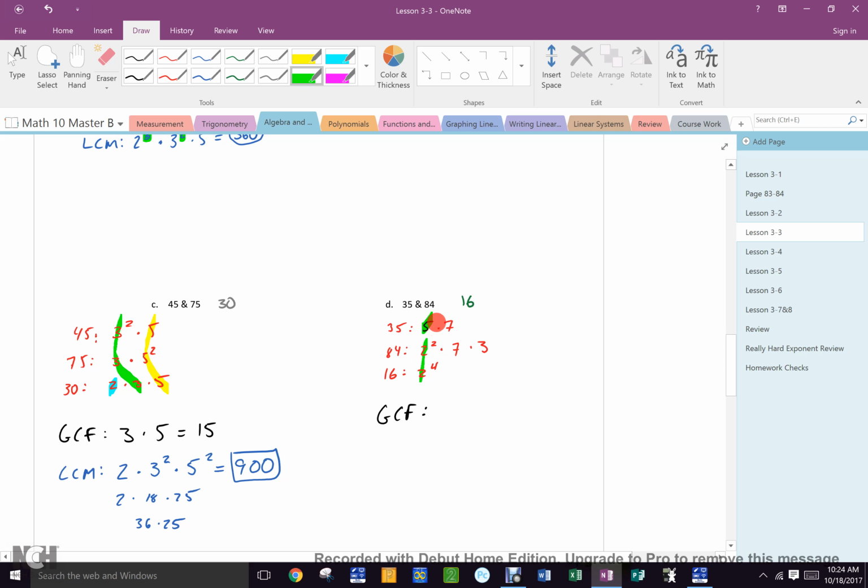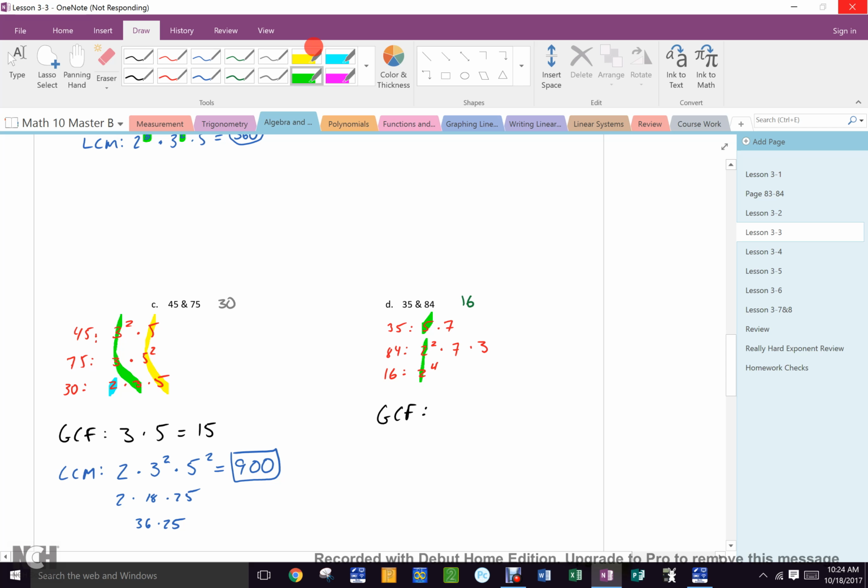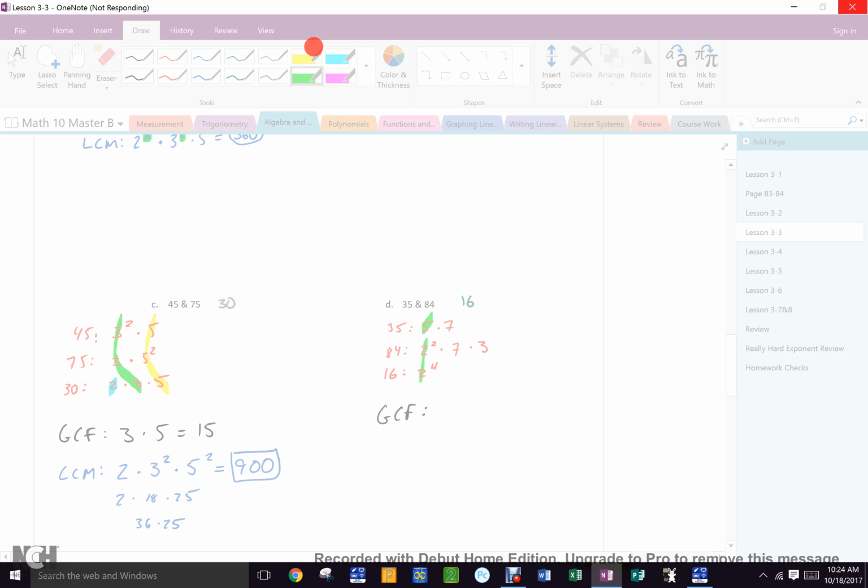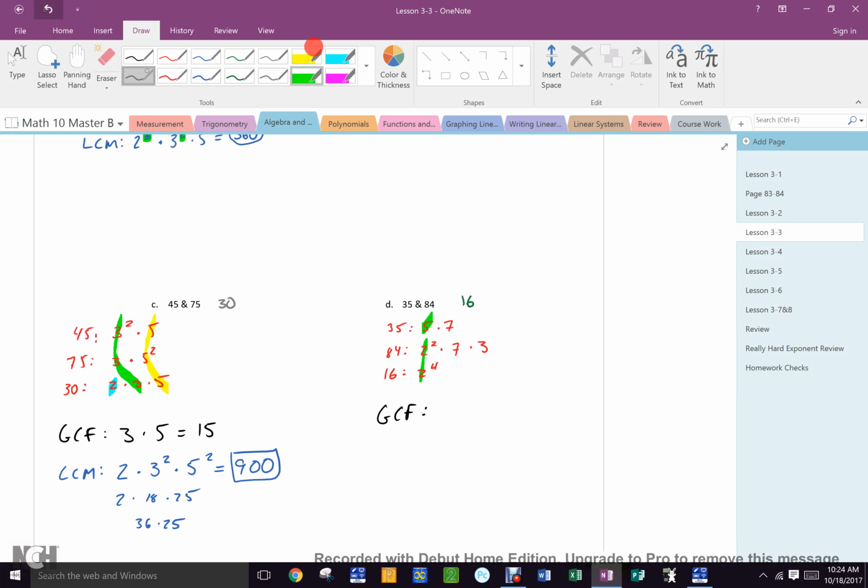Do I count 5? No, because it's not common. Do I count 3? No, because it's not common. So what is my GCF? What's the only thing that's common to all of them? Still, is 7 common to all of them? So what's my GCF? 1, because there isn't a greater common factor than 1.